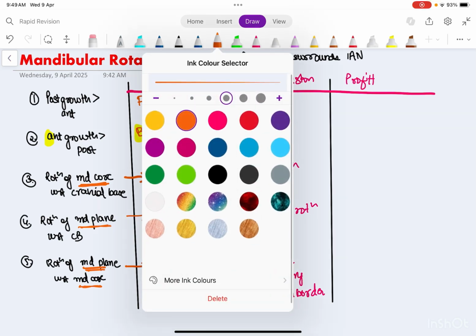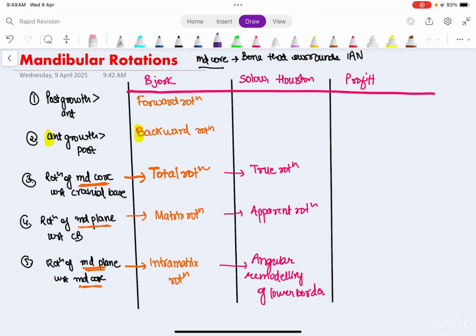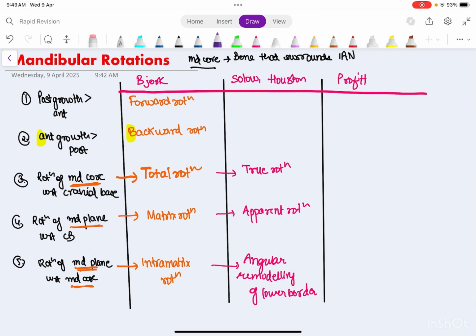Then the last one which is left is the Profit edition. Profit had some other views. He thought, no, I'm not going to consider mandibular core as my main thing. I'm going to consider the mandibular plane as the main thing. P for Profit, P for plane. So mandibular plane with respect to cranial base is what was total rotation for Profit.